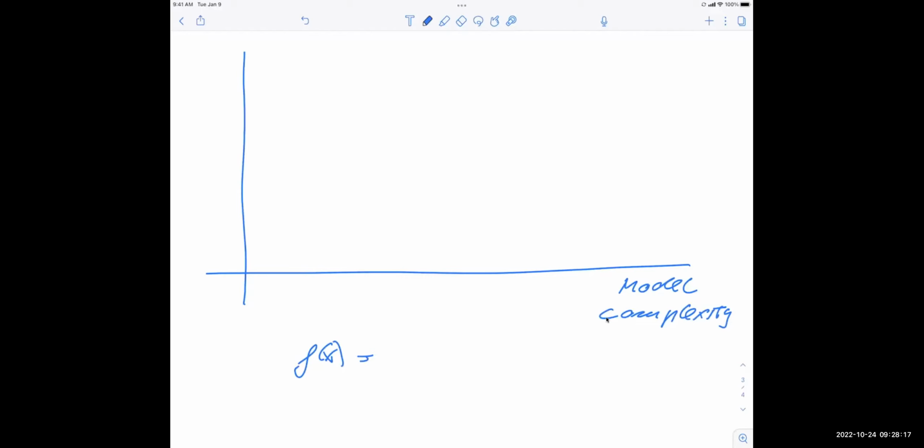So we would have a beta 0 plus beta 1 times x of I plus beta 2 with x of I squared plus beta 3 with x of I cubed plus beta 4 times x of I to the power of 4. So this is what we want to fit.